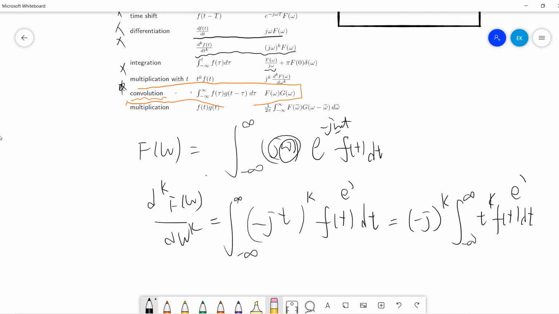Okay, so there's still this j omega factor. So this is minus j^k, and so this is t^k f of t.